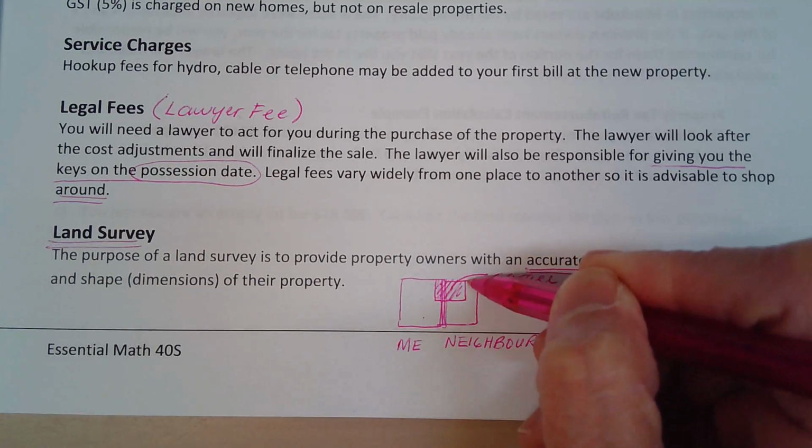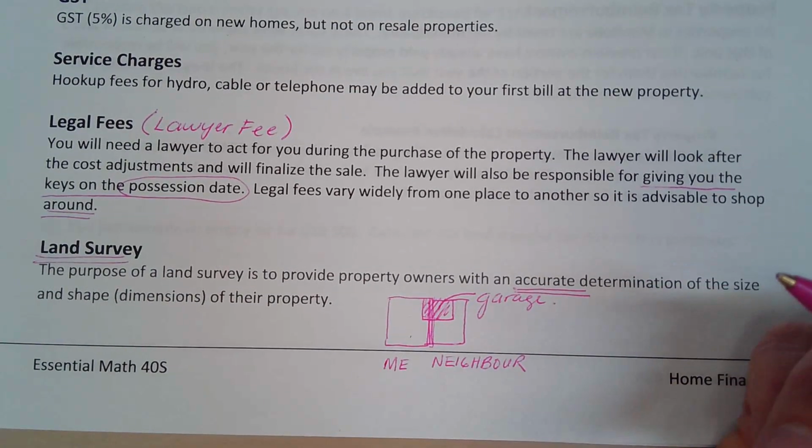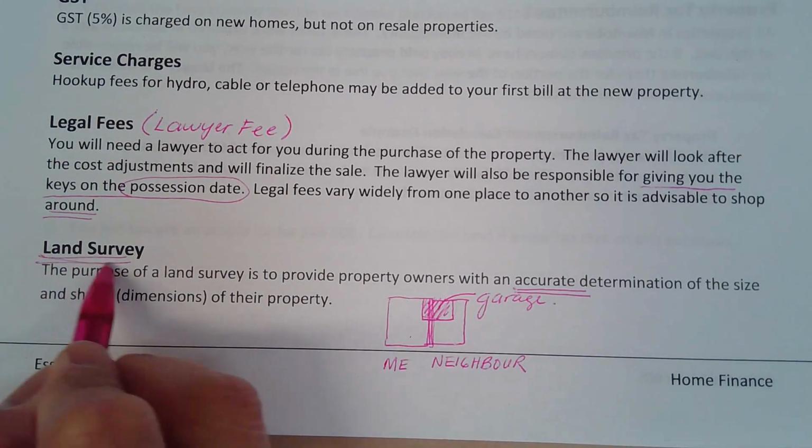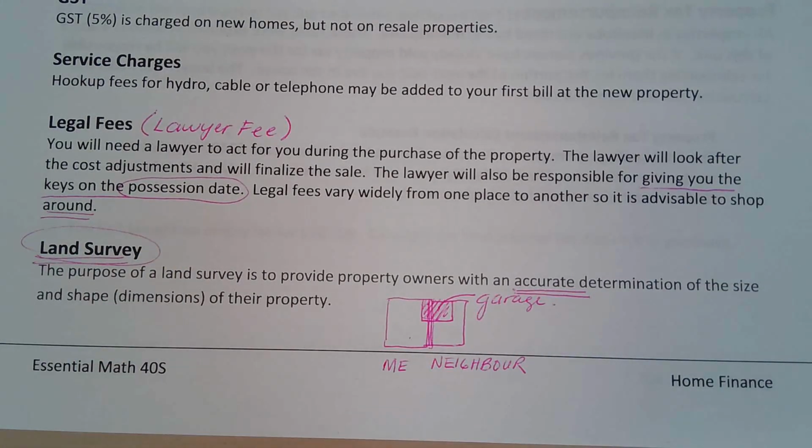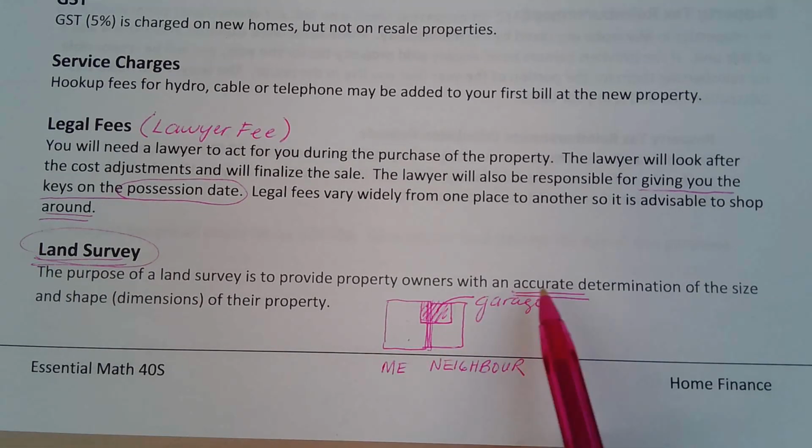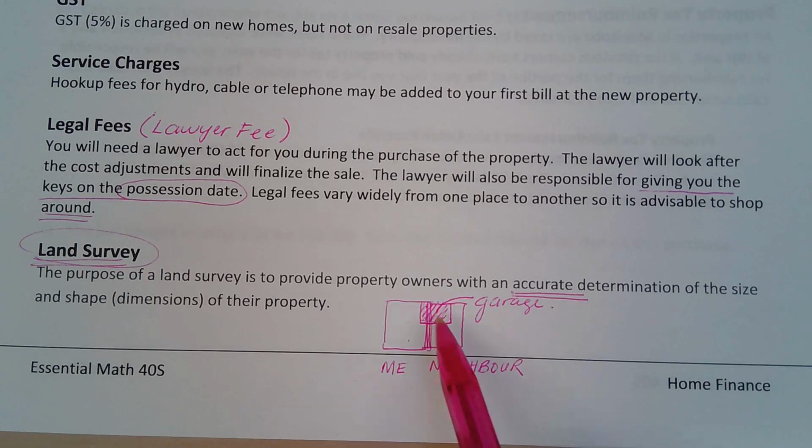Part of it is in my lot. So the city will take a look at your land survey, and see, oh, yeah, you're right. Your neighbor's garage is actually, part of it is in your property.